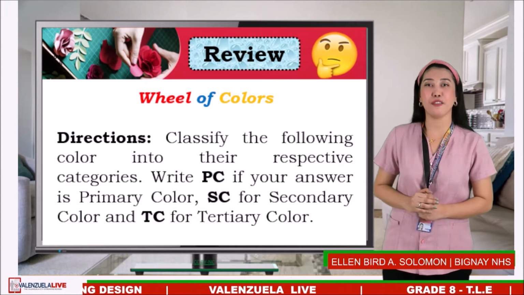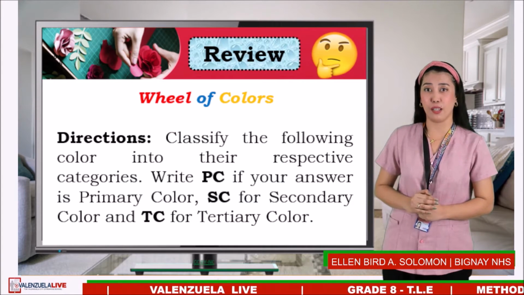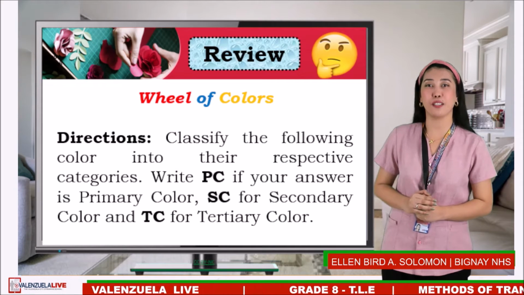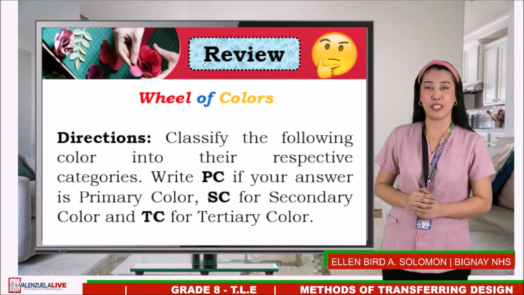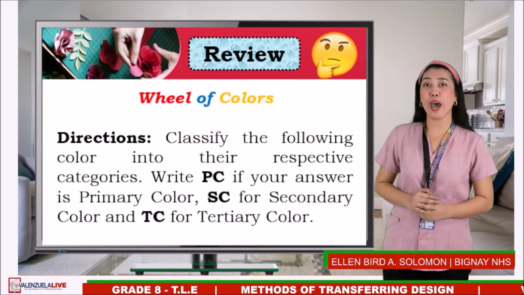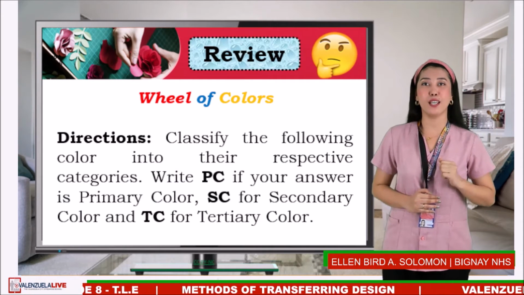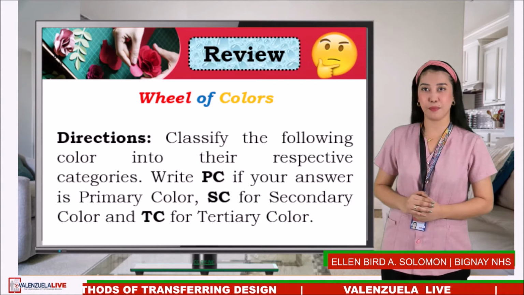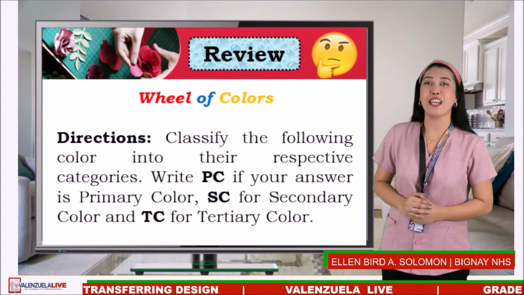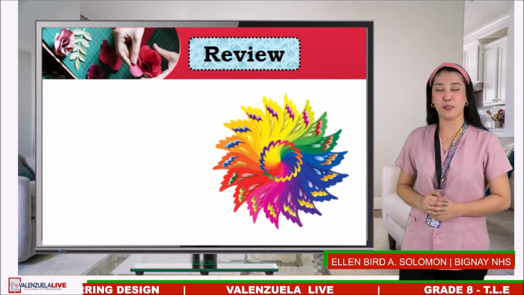Write PC if your answer is primary color, SC for secondary color, and TC for tertiary color. You have 5 seconds to write your answer in the comment section. Are you ready? Great! Let's start.